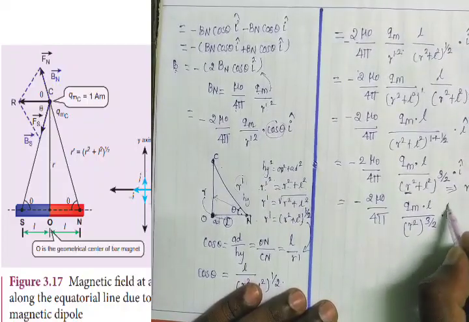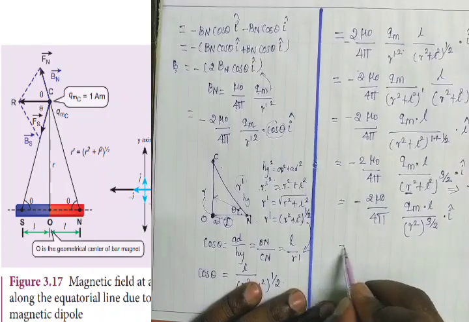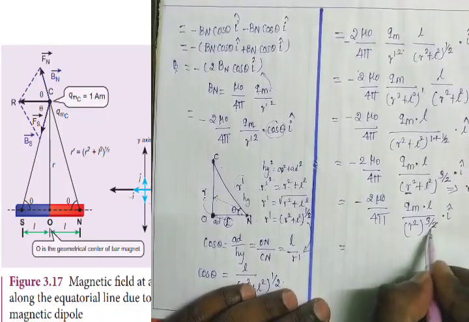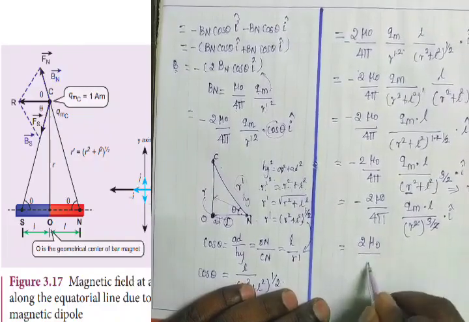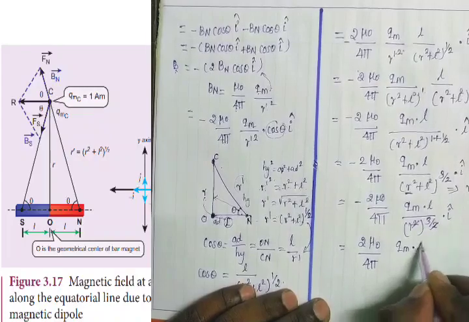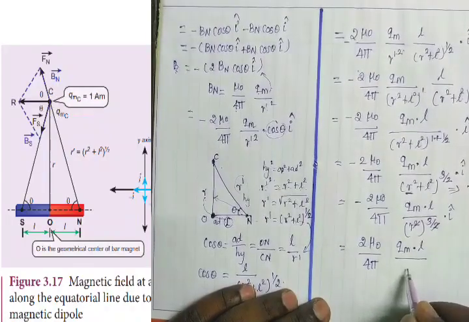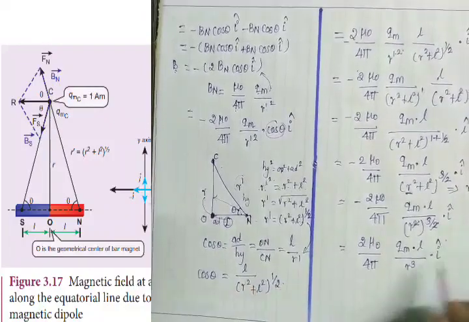Here also i cap, sorry, sometimes I forget. So i cap is equal, squared cancels, so the balance value is 2 mu naught divided by 4 pi, Qm dot L divided by R cube only, and i cap.